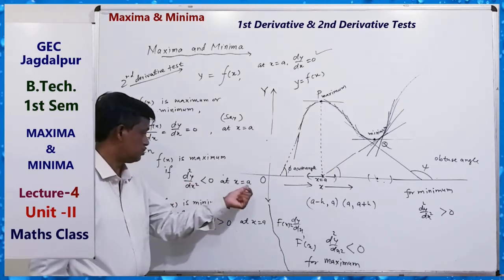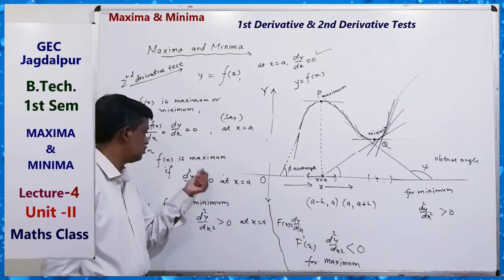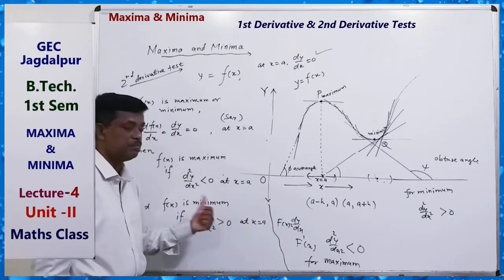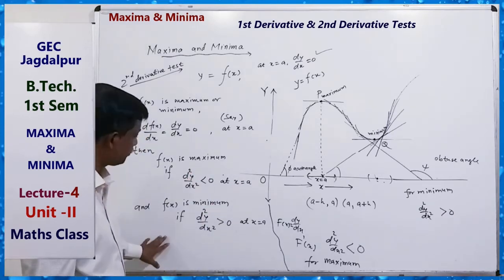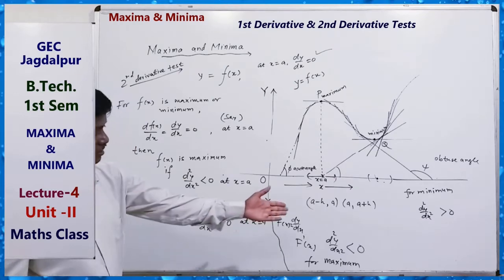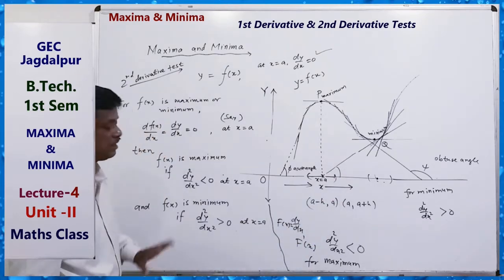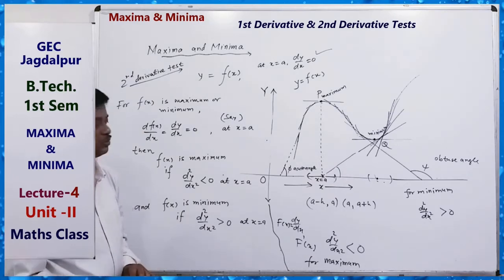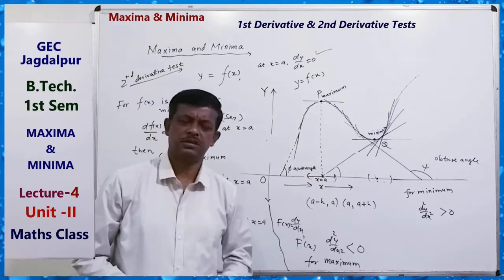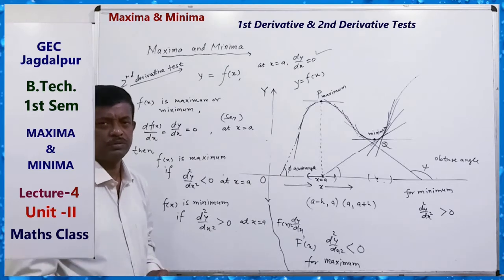At this point, if the second derivative is less than 0, then maximum; greater than 0, then minimum. Okay? We have just seen this by discussion here. This is the second derivative test. This is the simple process, and you also know it from the previous class.